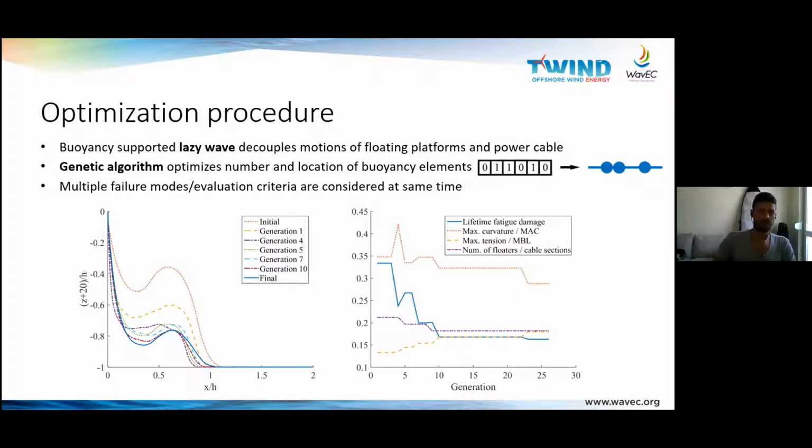Here on the bottom right side, we can actually optimize multiple design criteria at the same time. In our case, we took into account the fatigue damage, the bending of the cable, the tension in the cable, and even the number of the floaters that we apply in total.